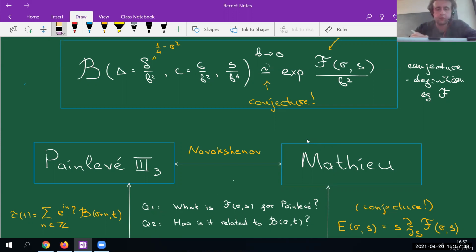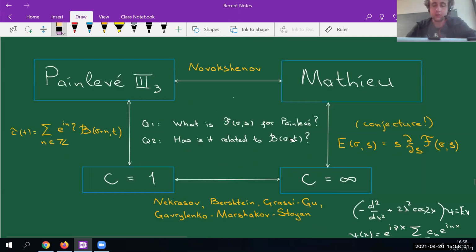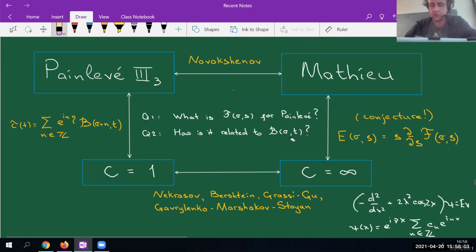Then you take the logarithm, you expand, you extract this asymptotics, and then you compare the result with the continued fraction expansion of the accessory parameter in Mathieu. And you see that the two results coincide. There are reasons for that, but once again, this is a conjecture, and I'm not sure that this conjecture is easy to prove.